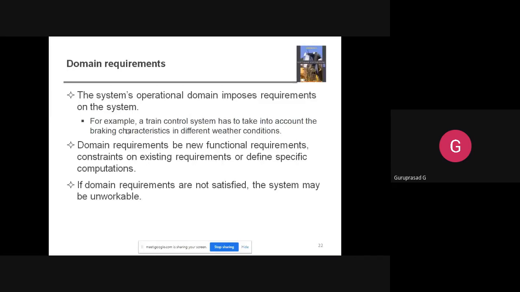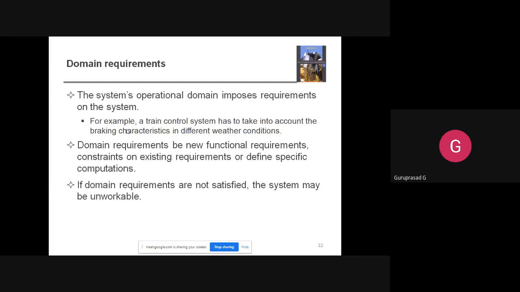The system's operational domain imposes requirements on the system. For example, a train control system has to take into account the braking characteristics in different weather conditions, correct? This is purely with respect to the particular domain we are speaking about.